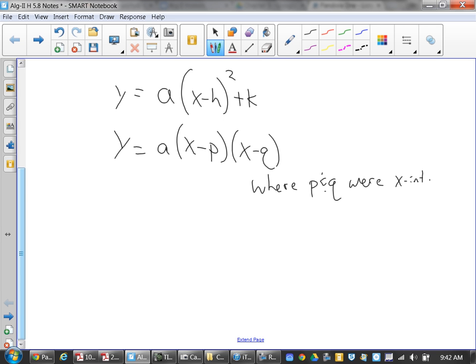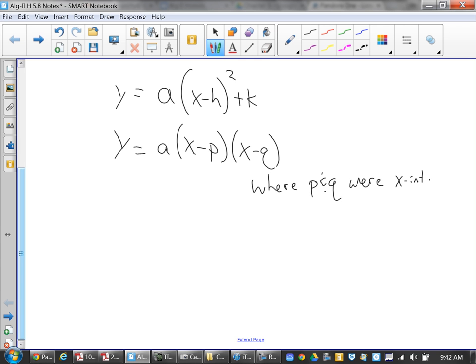They were the zeros of the function. So if your zero was at 2, remember we said zeros and we would go to terms all the time? Your zero was at 2, your term was x minus 2. If your zero was negative 3, your term was x plus 3. We've done that. It's just a little quick refresher here.